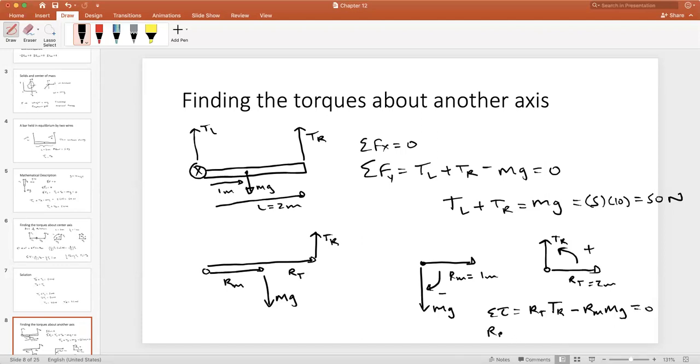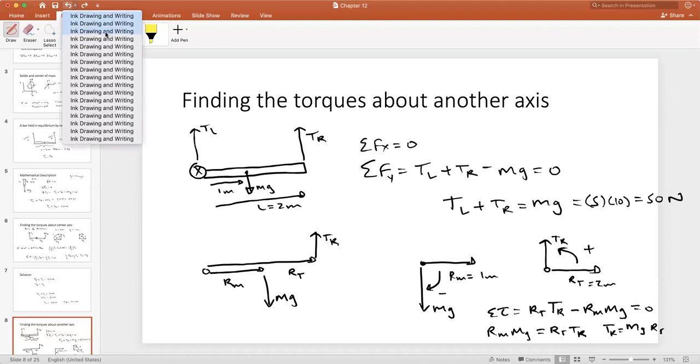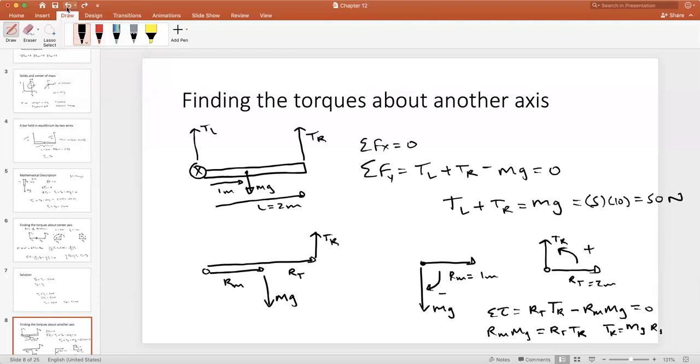So we find that r to the mass, mg, is equal to r_T T_R, or that T_R is equal to mg times r to the mass over r to the tension.